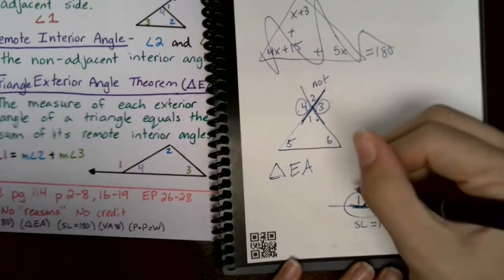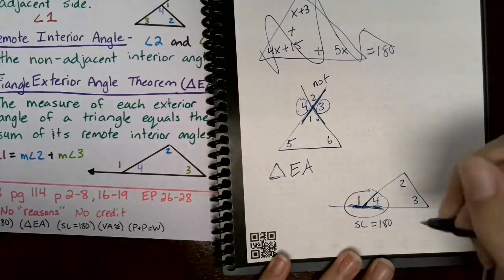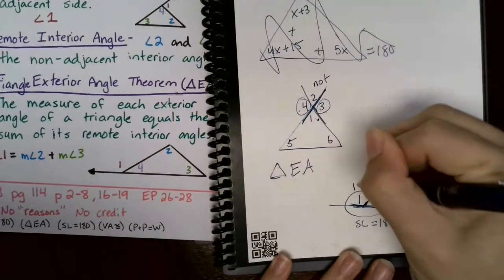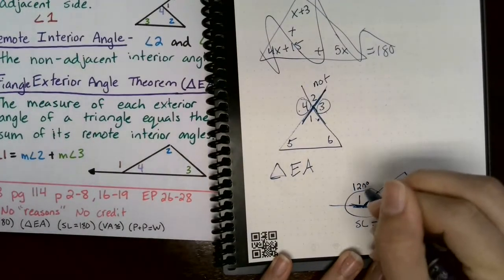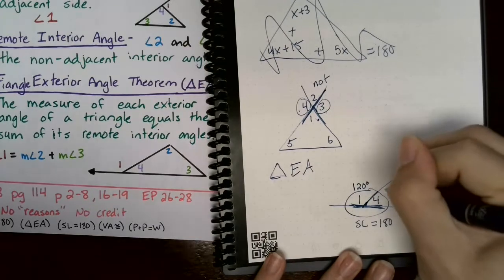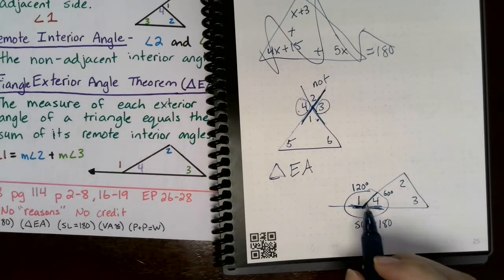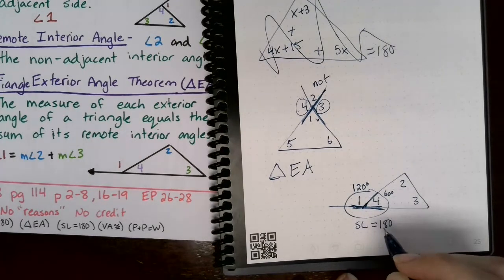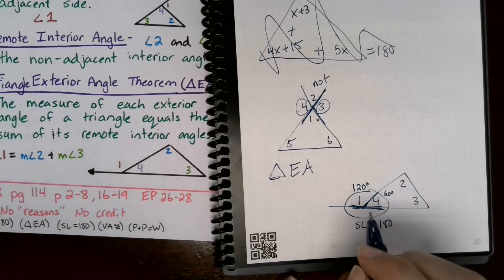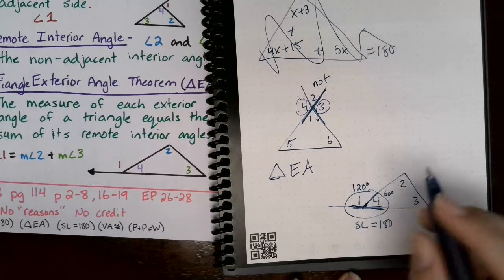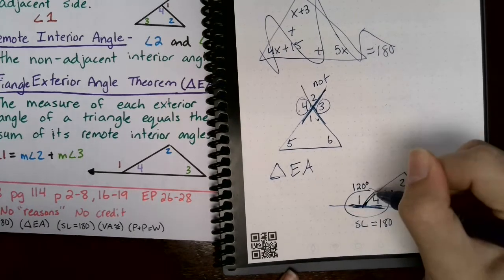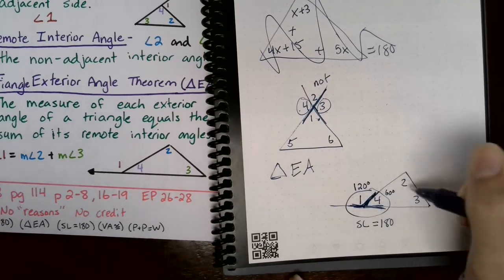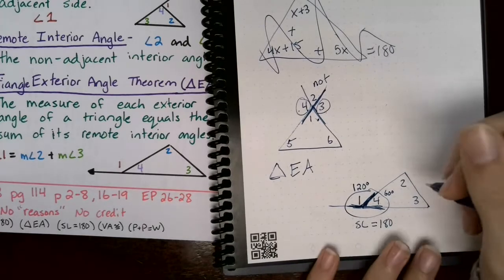Okay, and to make this more conceptual, I'm going to actually give these measures. Okay, 120 degrees, I'm just making this up, and 60 degrees. We would know that this angle plus this angle equals 180. So now the conclusion that I want to make for you is that angle 1 is the sum of these two angles, and I'm going to prove it to you.